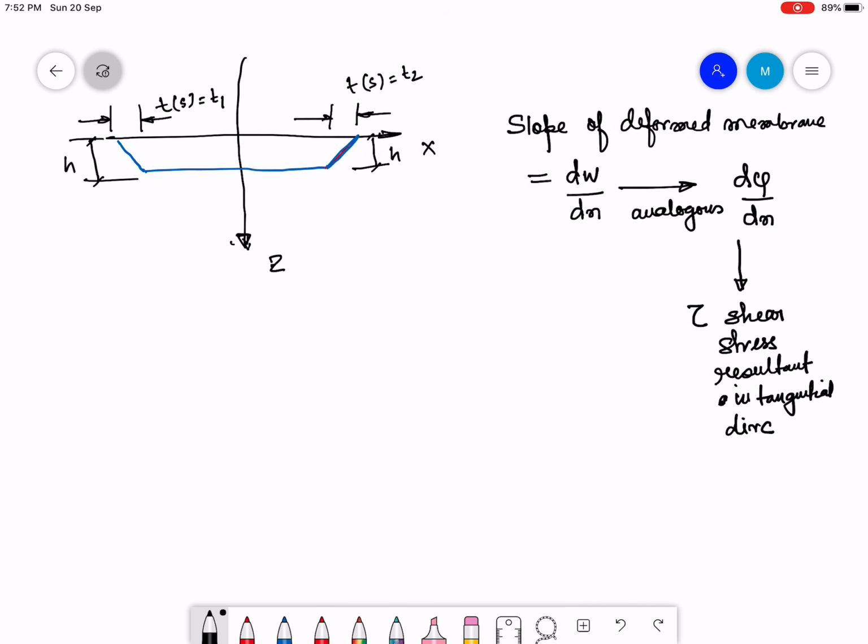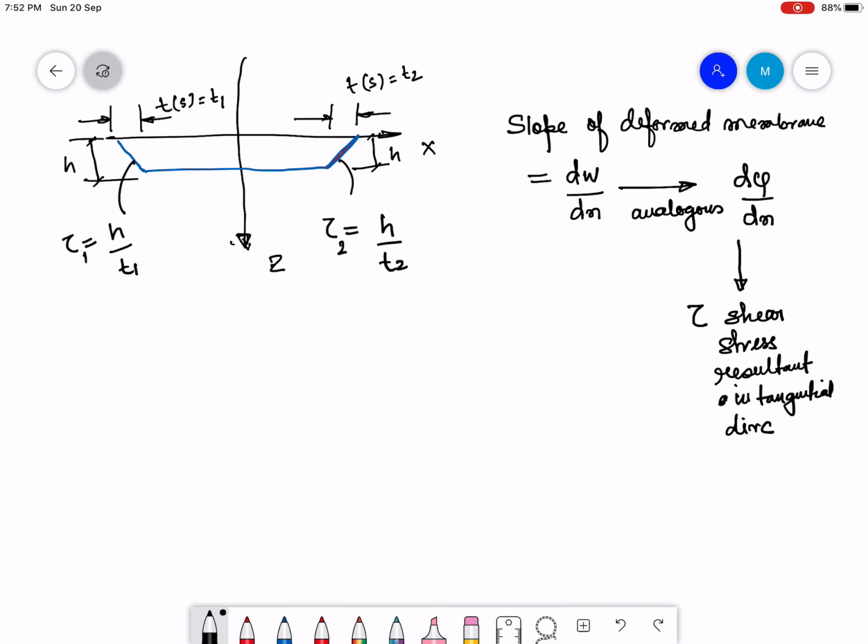Okay, so now as soon as we make this approximation of uniform slope or a linear deformation, we can say from membrane analogy that the stress here tau is going to be h by t2, and here tau is going to be h by t1.